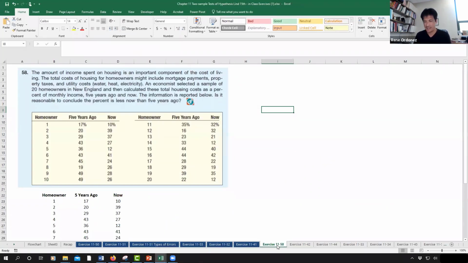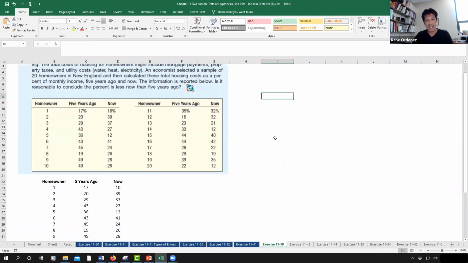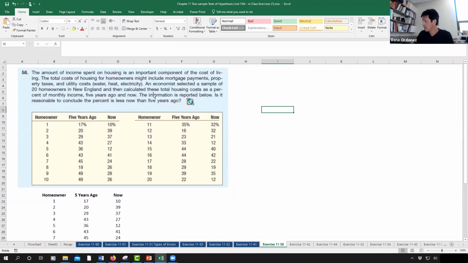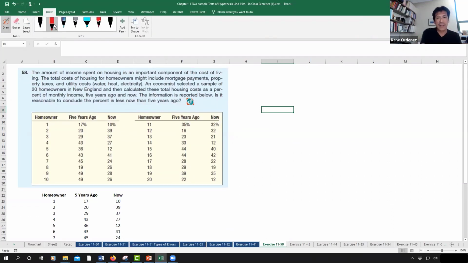Let's look at 1158, a new problem. This particular problem is another example of comparing the means of two dependent samples. Dependent samples because an economist selected a sample of 20 homeowners.